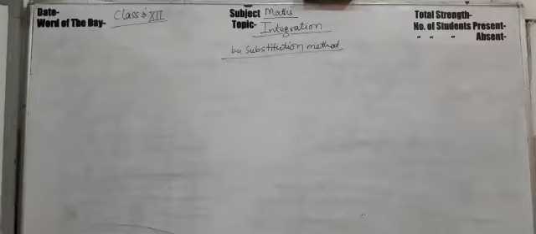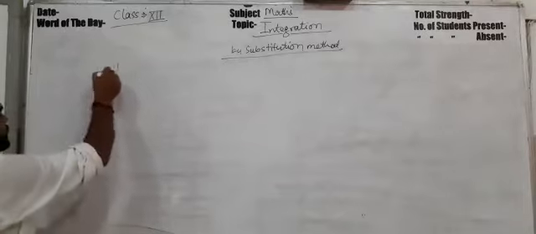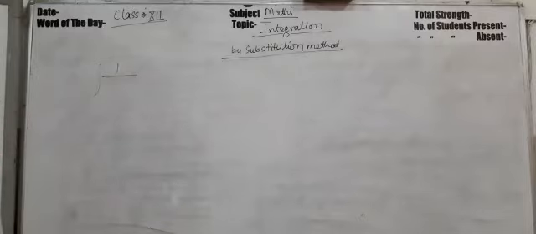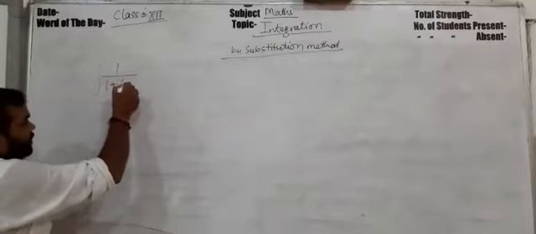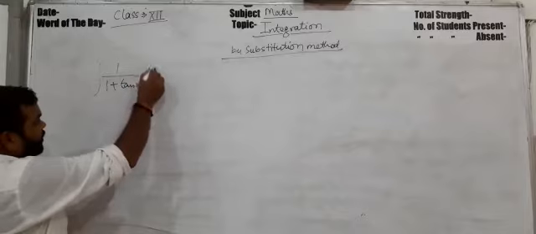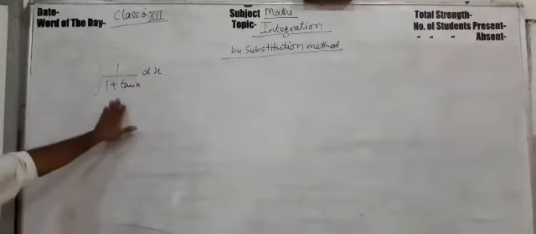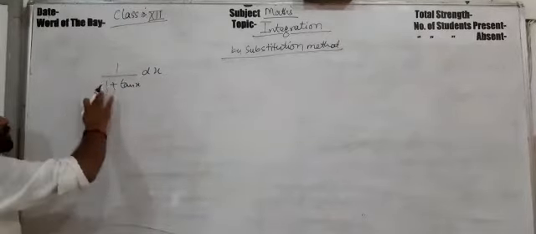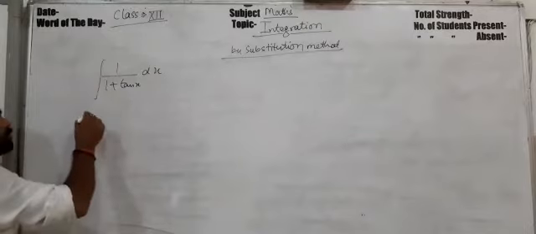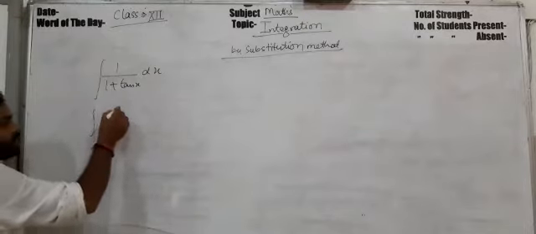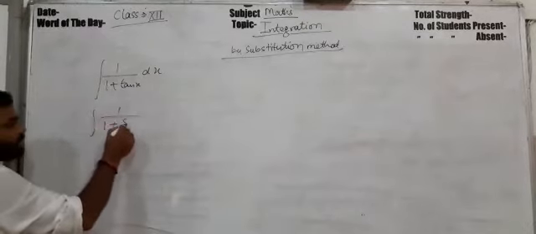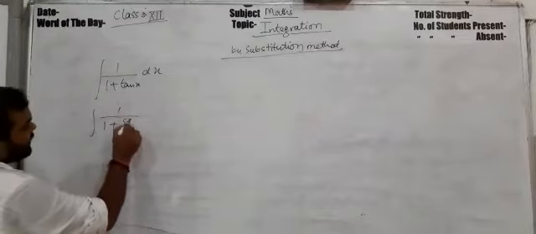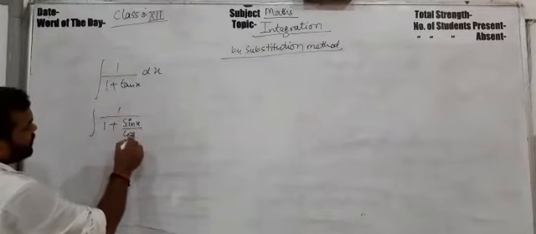Suppose it is given, example number 6: integrate 1 upon 1 plus tan x dx. Now no formula is there to integrate this function directly, so we will make it simple by taking tan x as sin x upon cos x.